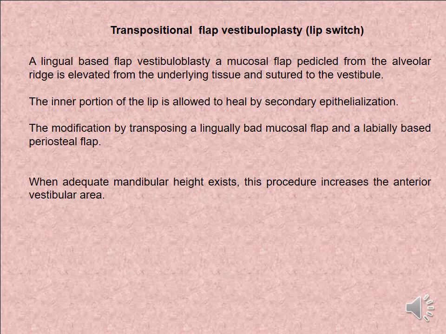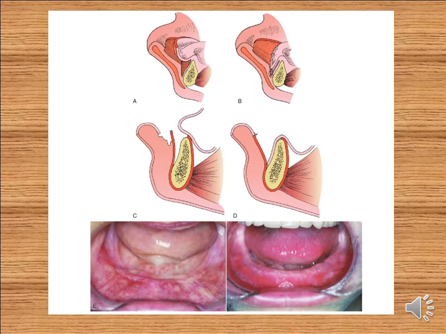A modification transposes a lingual-based mucosal flap and a labially-based periosteal flap. When adequate mandibular height exists, this procedure increases the anterior vestibular area. This figure shows how we can remove the labial mucosa, fix it in the alveolar ridge, and leave the labial mucosa to heal by secondary epithelialization.